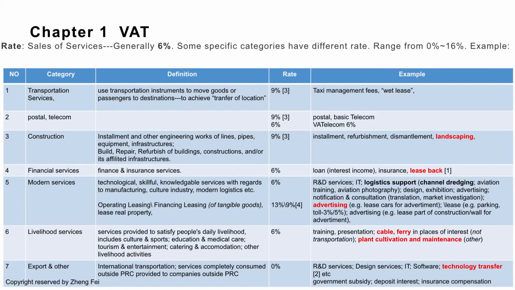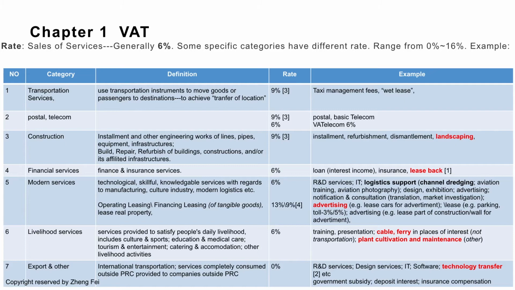Please note that there are two kinds of taxpayers in China: general taxpayer and small-scale taxpayer. All the categories and rates we mention here are applicable to general taxpayers. For small-scale taxpayers, we have a simplified approach that is 3% of the total income.